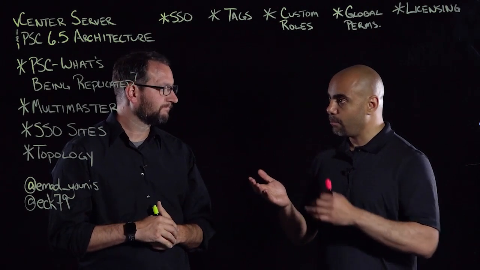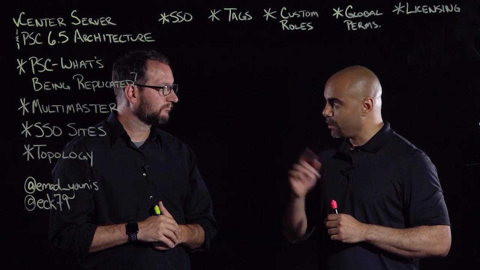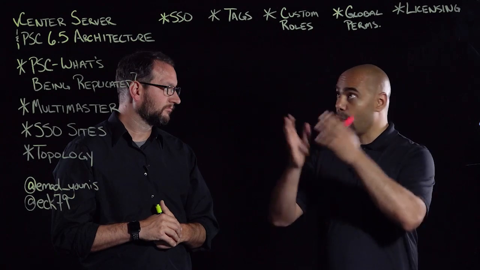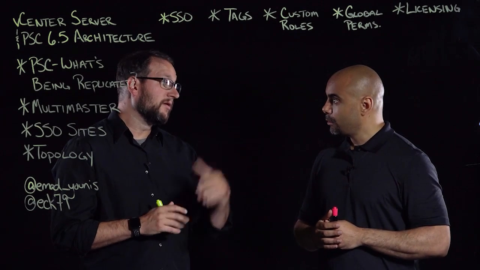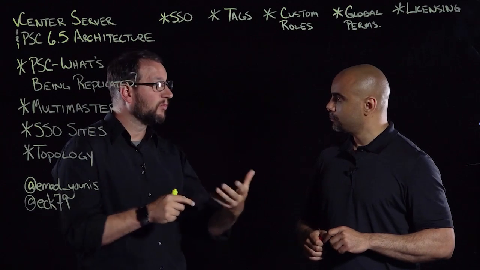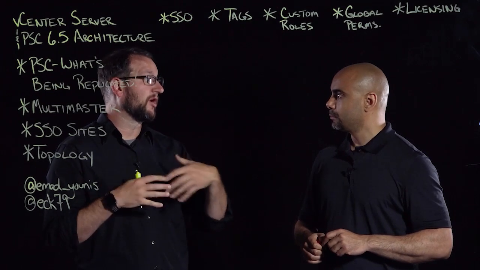Now, if I have multiple PSCs in an SSO domain, if I join one of them to Active Directory, does that get replicated? Will all of them join Active Directory? Not automatically. That's a very important point. I'm glad you brought it up. When we join one PSC within the SSO domain to Active Directory, we should join all of them.